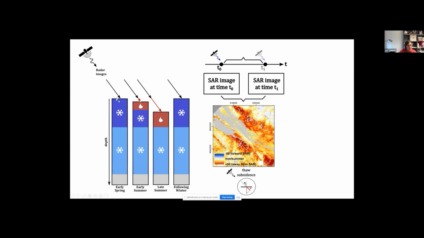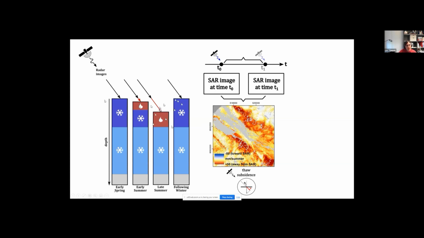The active layer is starting to thaw, and at the end of the season, the active layer is totally thawed, and if there was water ice in the ground, the difference of volume between the water and the ice leads to subsidence. And then when it refreezes, it will heave back in a perfectly stable environment, let's say.